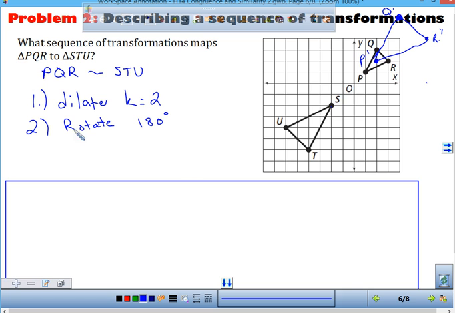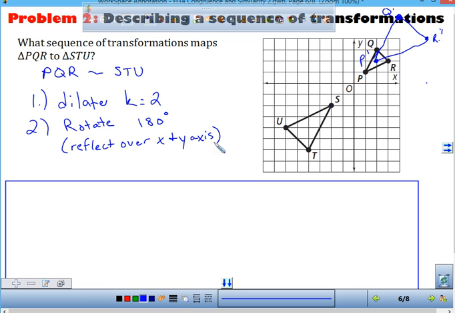Any time that you see a 180 degree rotation, it's the same as if I reflect over the X and Y axis. It's the exact same thing. So yes, you can do that. If you would rather do that than the rotate 180 degrees, you can do that. You have to do 2 reflections.